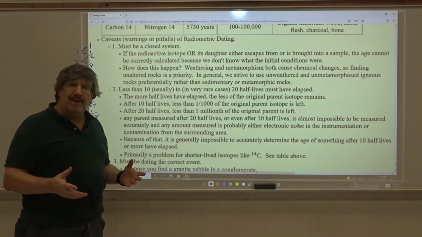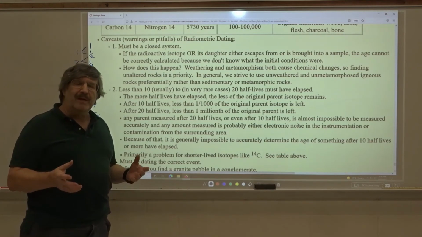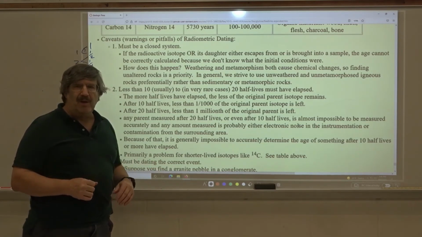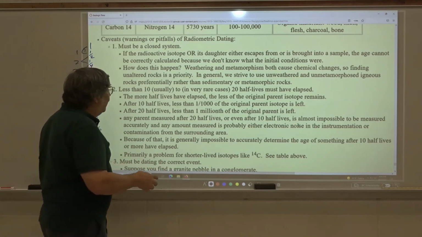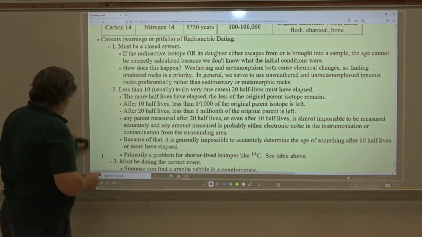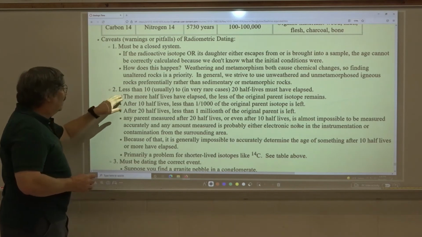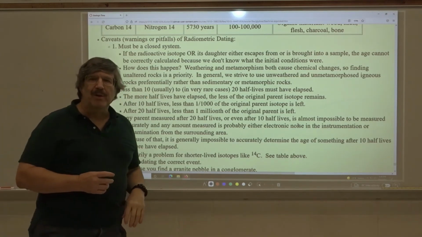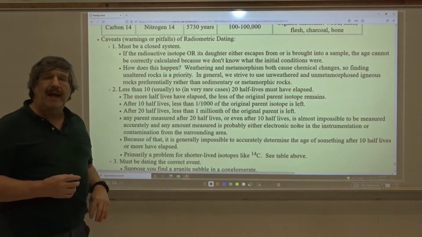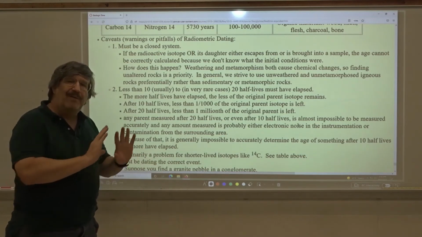Any measurements that you get will be the result of contamination or of inaccuracies in your measurements, and so they're not valid measurements. And the net result is that generally we say that after 10 half-lives, you cannot measure the amount of parent isotope accurately, and that's a limit to how far back in time you can go.